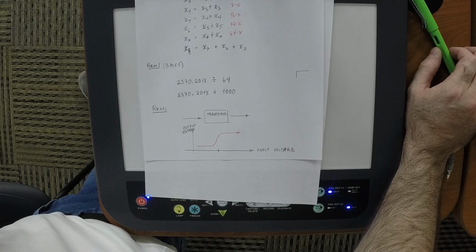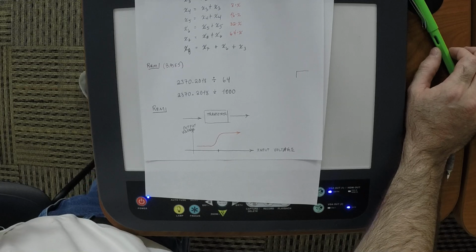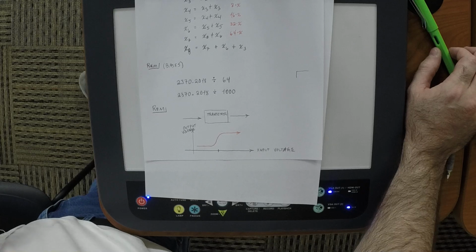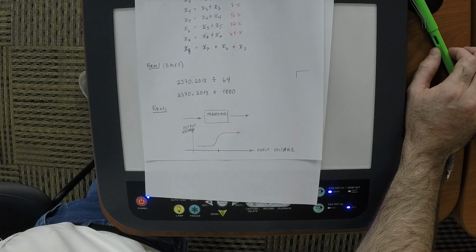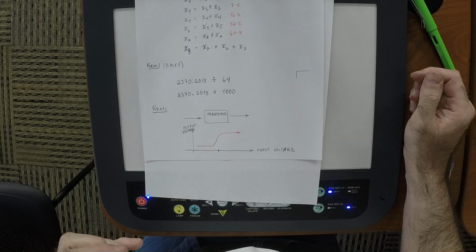The least significant digit has to be 0, right? So 0 is divisible by 10, and so is 120. But 123 is not, because the least significant digit is 3. Divisible by 10 means that the least significant digit must be 0.